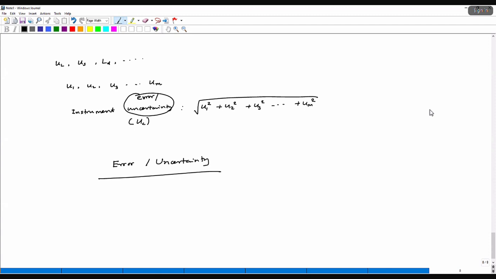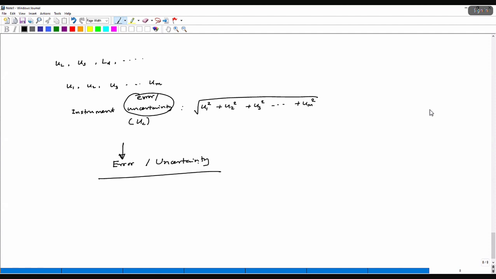Okay. So in one sentence, you would differentiate error and uncertainty. Basically, error is the property of an instrument. Okay. You can say that my instrument brings in this much error. But uncertainty is the property of the test results. Okay.